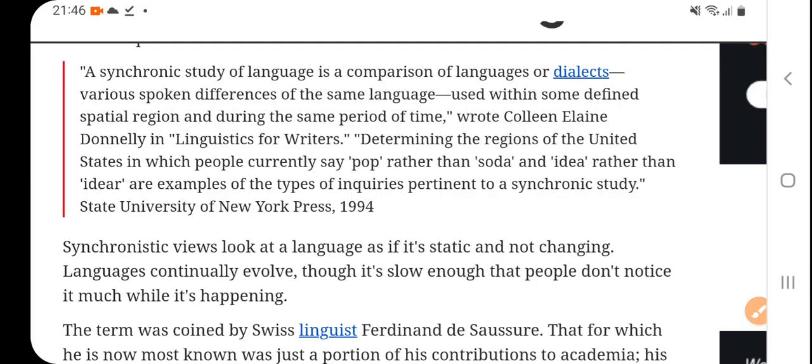So in a synchronic study, they do a comparison of languages or dialects.